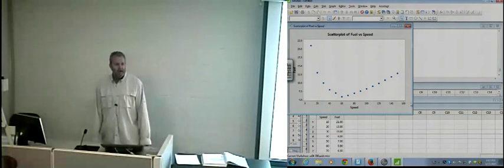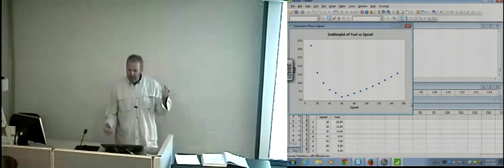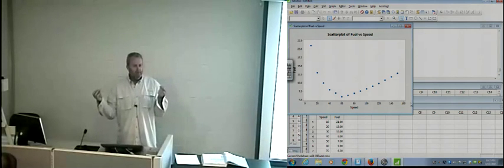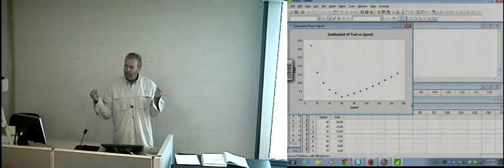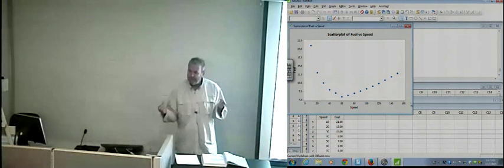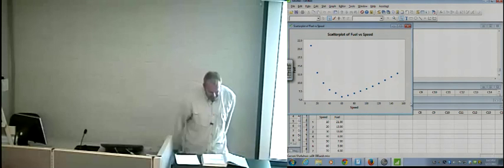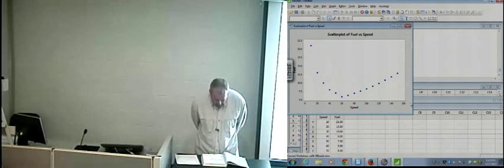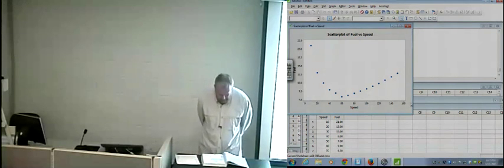60? Everybody see that? And then from 40 to 80, that's when you're using the most? Or the least, sorry. The least? Let me read that again. Speed is measured in kilometers per hour, and fuel consumption is measured in liters of gasoline used per 100 kilometers.